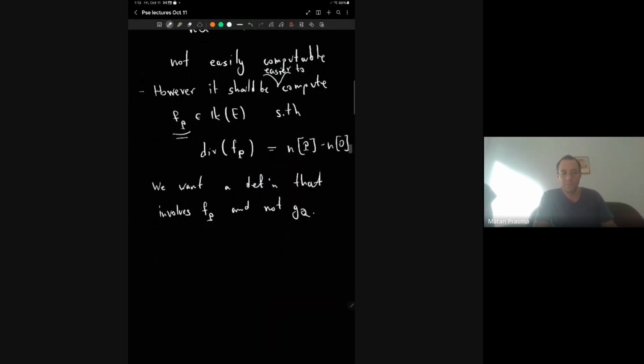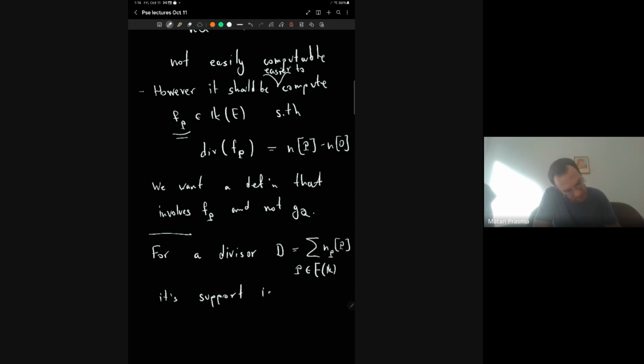Basically, for a divisor D, which is some sum of n_P [P] where P runs over all points, its support, the support of D, is a subset of the set of points on the curve, and it is defined to be the set of points P such that n_P is non-zero.